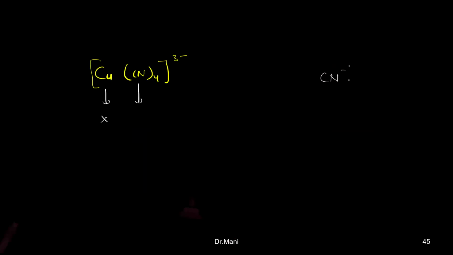CN is -1. And the overall net charge is -3. So the formula is this should be equal to this. That means whatever charge is present on the copper, plus 4 multiplied by -1. You understood why I'm multiplying here?